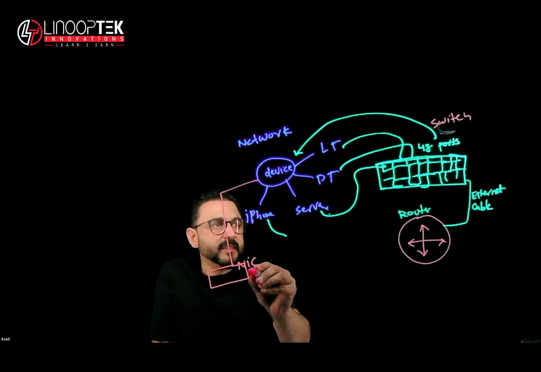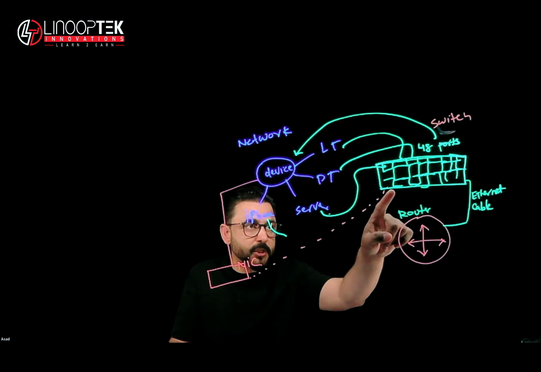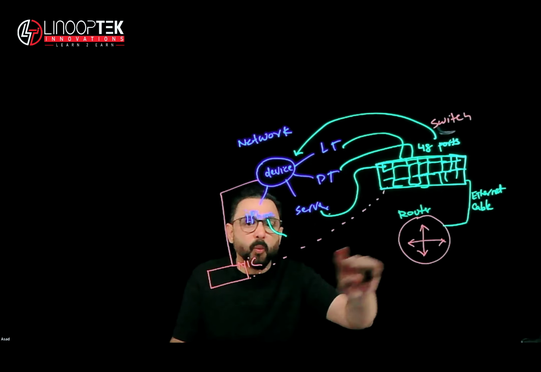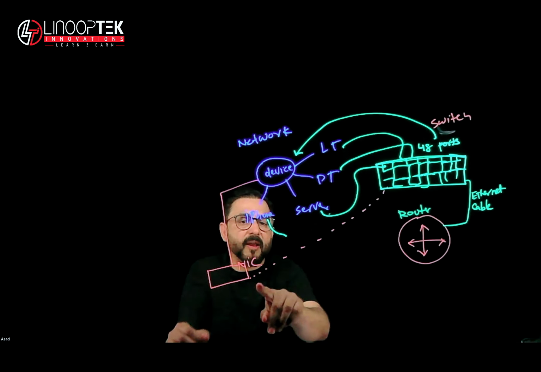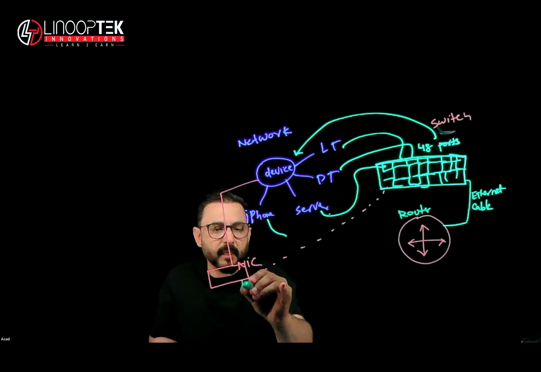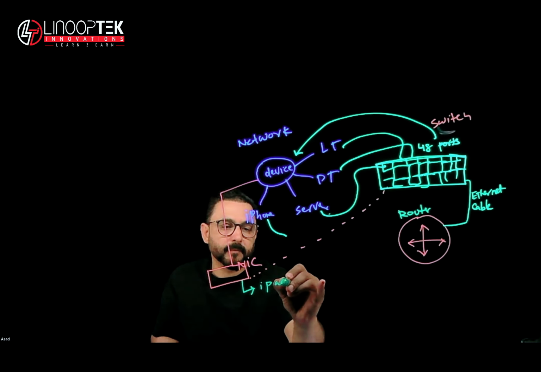This network card gets plugged into the switch. The switch plugs into the router. What do they both use? Ethernet cable. In your case, it uses the Wi-Fi signal. And I also said that every network card has a logical address, which is called the IP address.